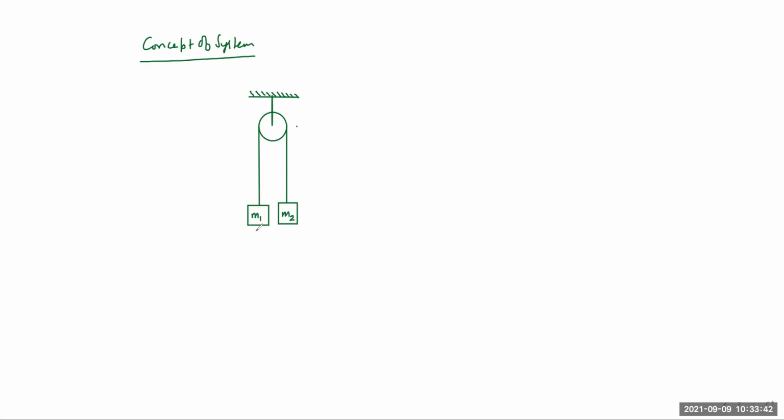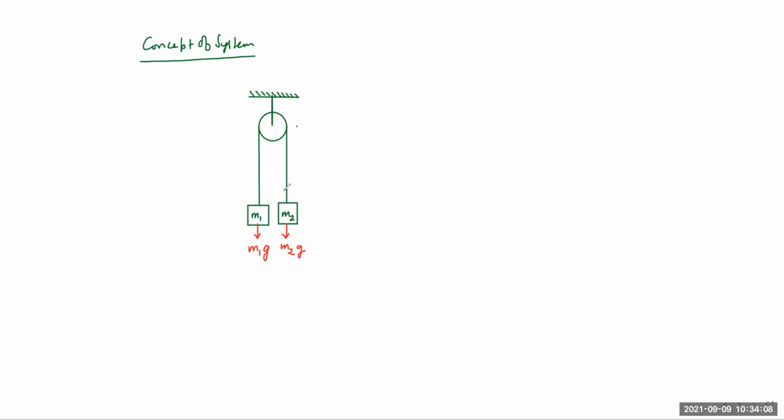So let me do it from basic FBD. We have two gravitational pulls, m1g and m2g, acting on the two blocks m1 and m2. These are called the pull forces.